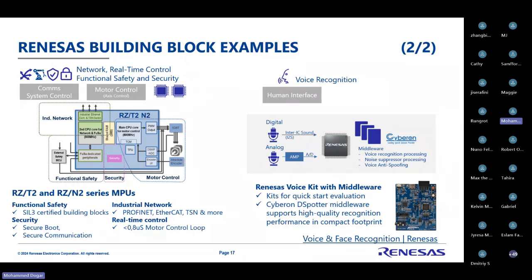So we support industrial Ethernet, including the TSN switch that's inside this device. So really providing real-time communication across a whole host of industrial protocols, whether it's Profinet, EtherCAT, TSN, or even more. So my message here is a complete integrated solution, reducing time to market, and I always say reducing time to revenue.